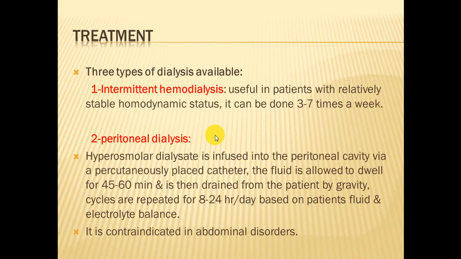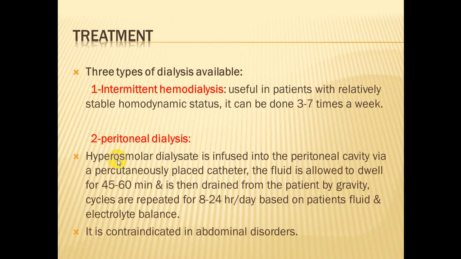For dialysis, we have 3 types. Firstly, intermittent hemodialysis, useful in patients with relatively stable hemodynamic status. It can be done 3 to 7 times per week. Peritoneal dialysis, which we use mostly in pediatrics because it is an emergency option and easy to access.